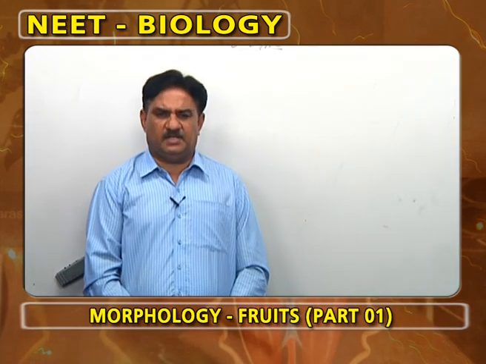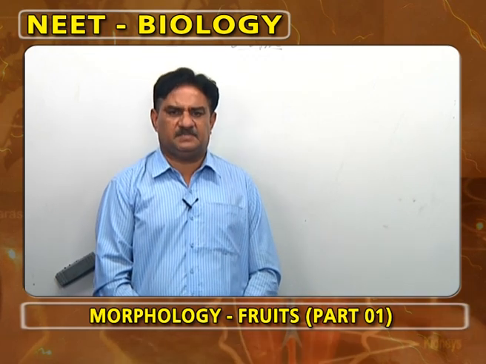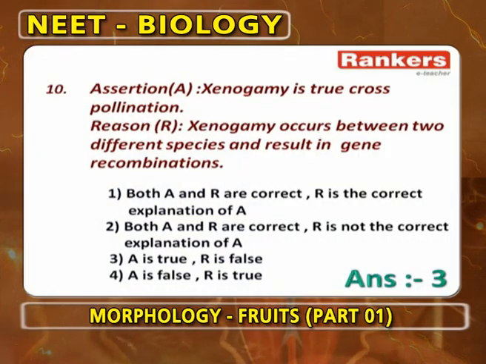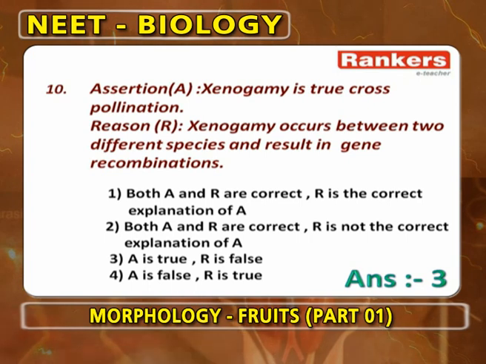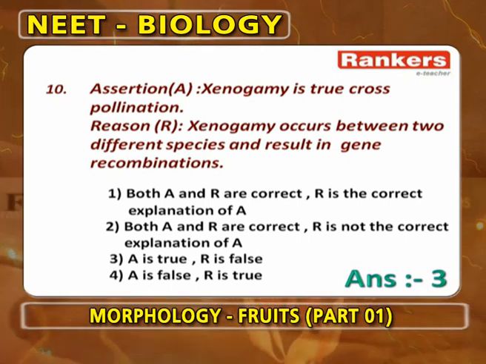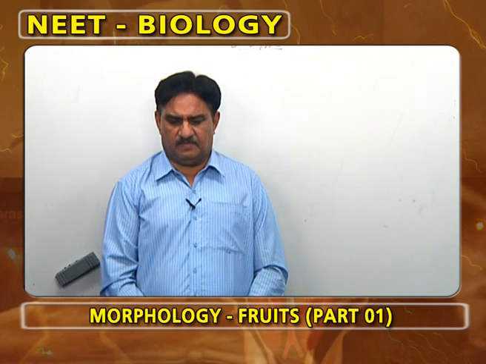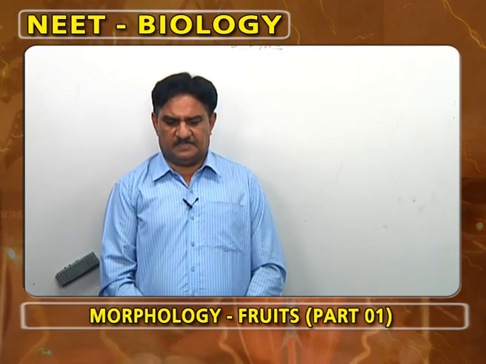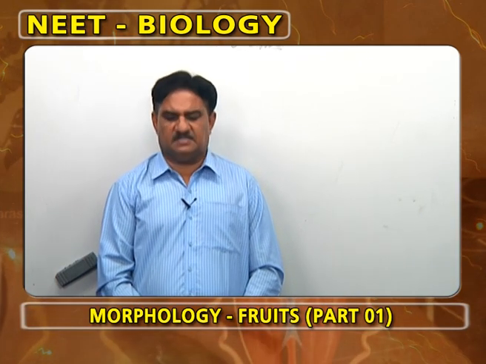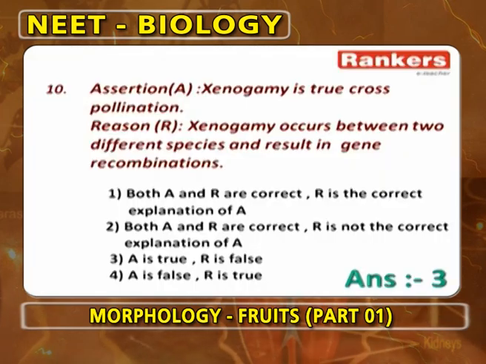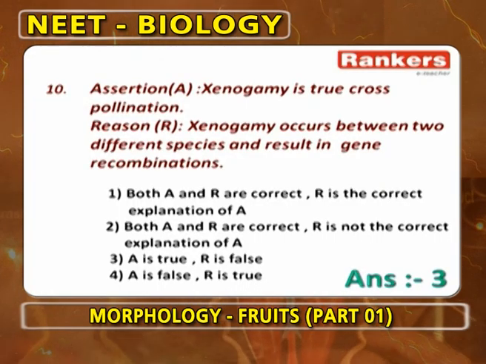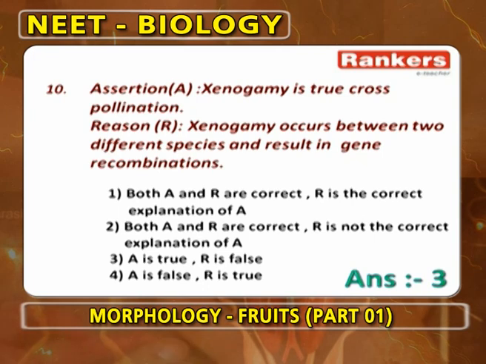It occurs only between two plants of the same species. So the assertion is correct. The reason is wrong because xenogamy occurs not between two different species but between two different plants belonging to the same species and results in gene combination. So assertion is correct, reason is false. A is true, R is false.